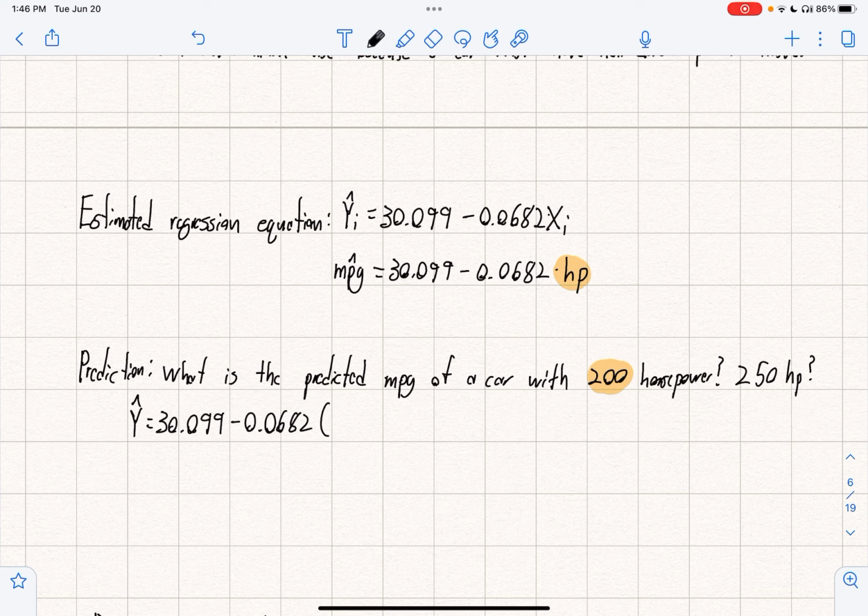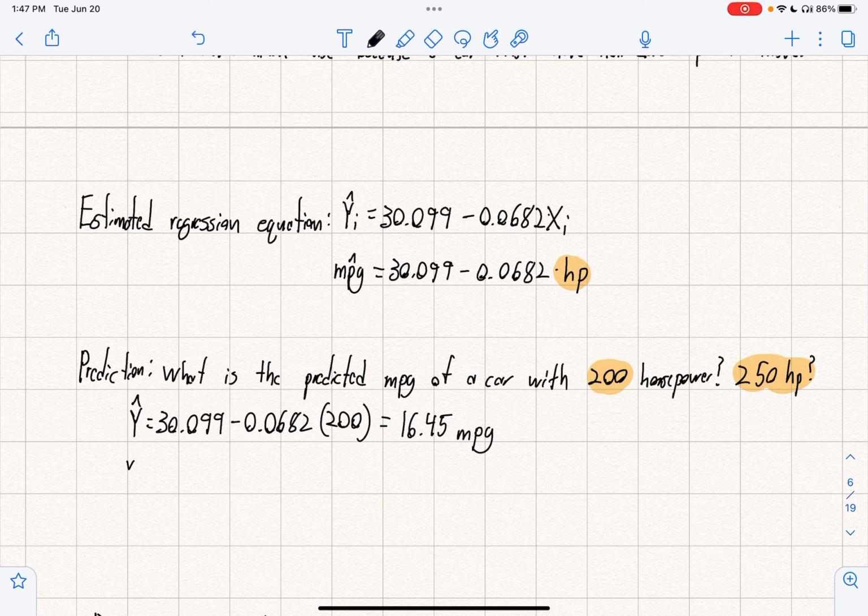So let's just plug that in. So times 200. And we get 16.45 miles per gallon.